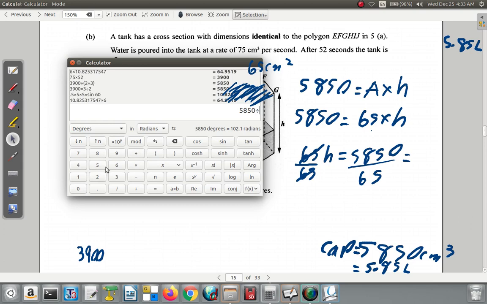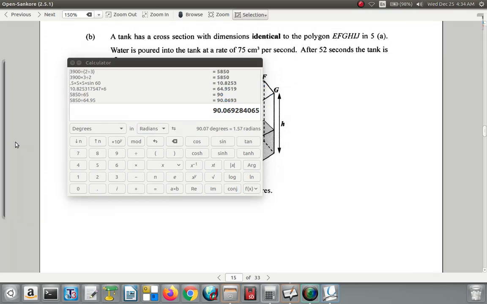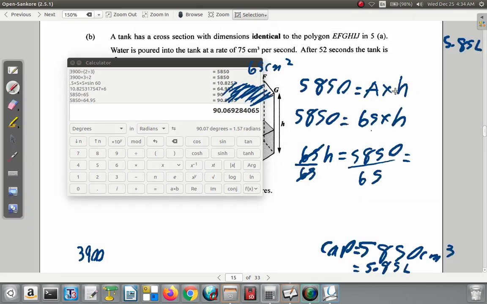5850 over 65 would be 90. Let me just see what the 5850 over the 64.95 would be. 90.069. Close enough. Alright, so the answer for this would be 90. Let me just write it down here.